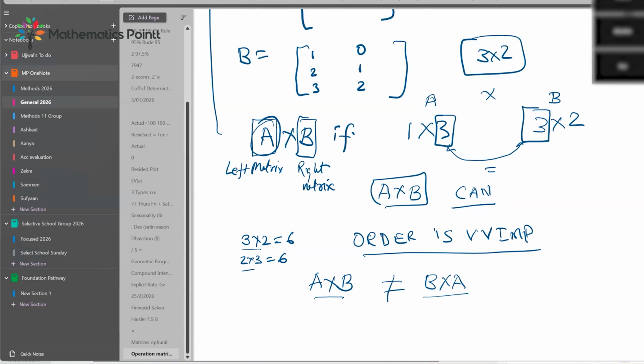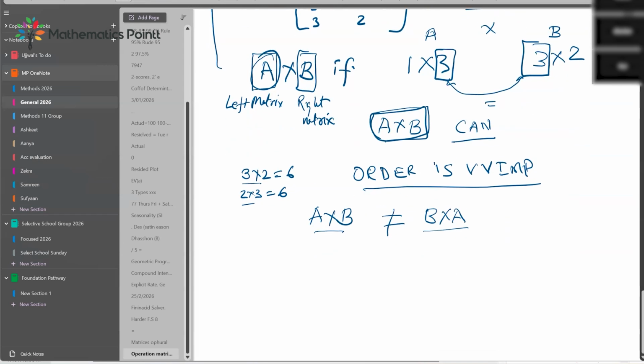Now, coming back to A cross B, the product, can I multiply B with A? As I said, order is important. So that means these two might be different. Let's see if they really are.